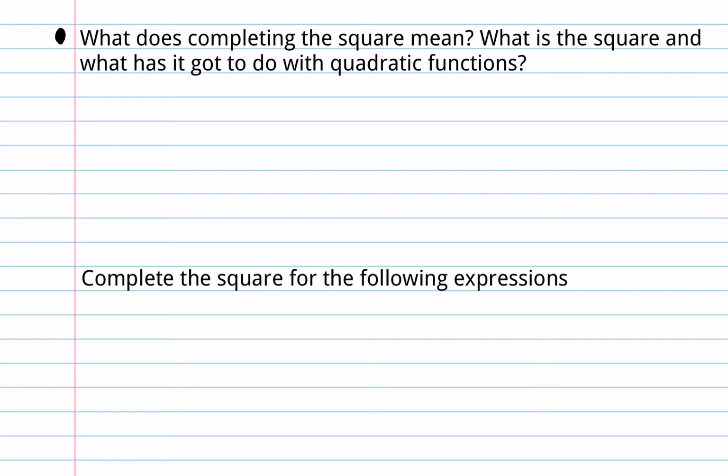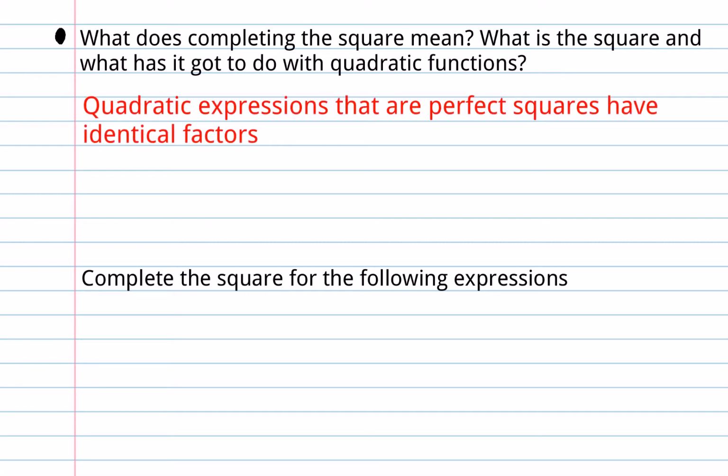What does completing the square mean? What is the square and what has it got to do with quadratic functions? Quadratic expressions that are perfect squares have identical factors and they often look like this.